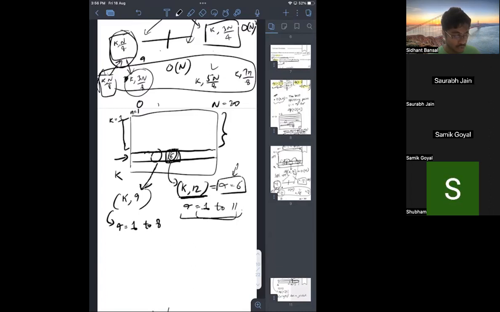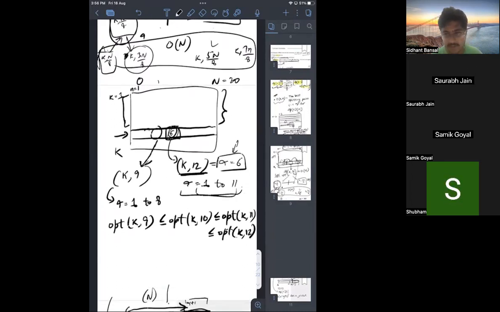But you know that opt k of 9 is less than or equal to opt k of 10, which is less than or equal to opt k of 11, and so on. Basically, your opt function is monotonic. That is, it's increasing. Because you have this property, you know your opt k of 9 is at most 6, because opt k of 12 is already calculated here.